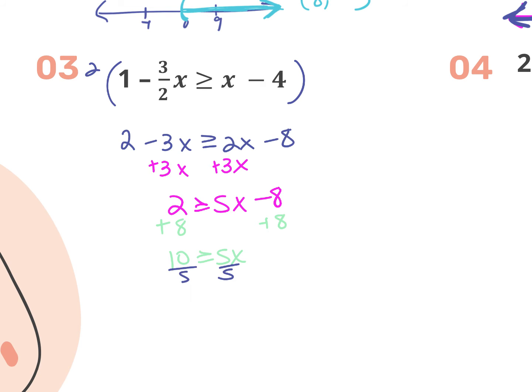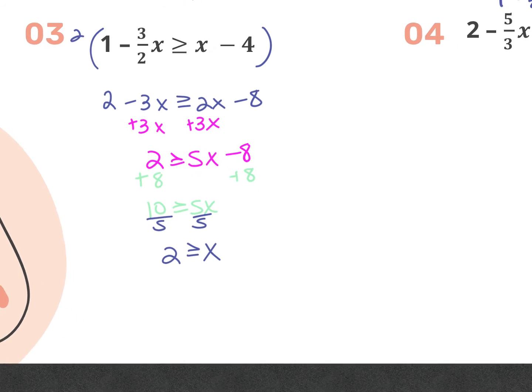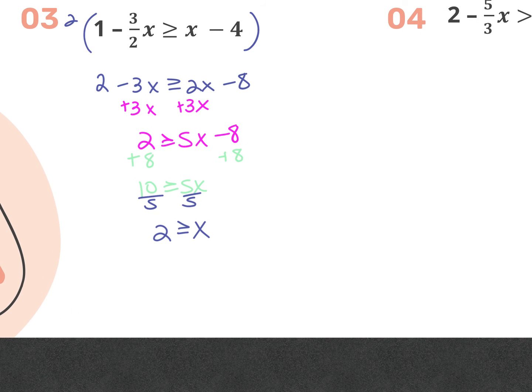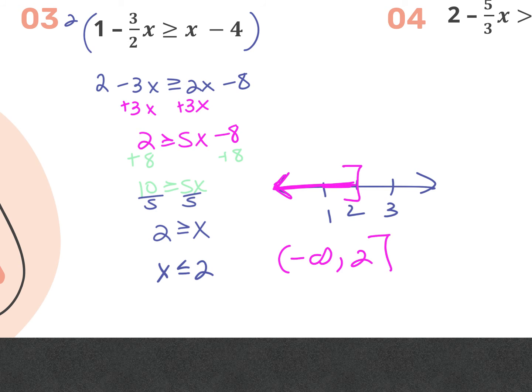Divide by 5. 2 is greater than or equal to x. And if you want to flip it, make sure that the big part still stays open towards the 2. So it could be rewritten as x is less than or equal to 2. So the graph, 1, 2, 3, is a bracket on the 2 pointing to the left. And it'd be negative infinity to 2 with a bracket on the 2.